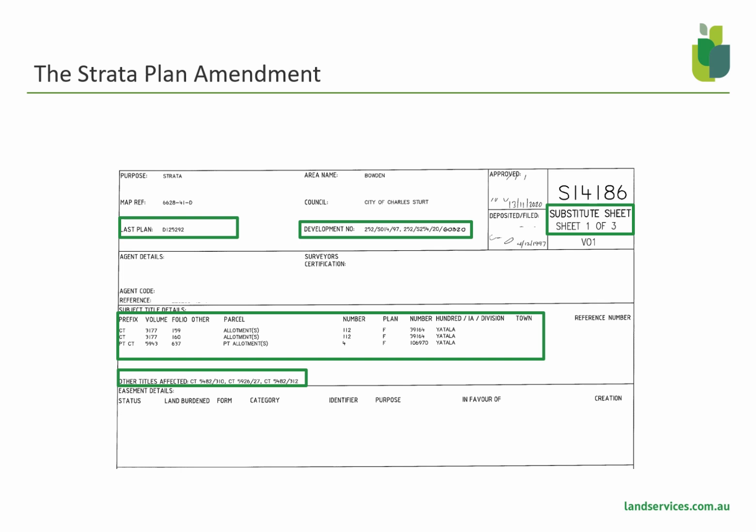The other titles affected shows the CT affected, and as mentioned earlier, if other units are affected because they have had extensions or additions added, like verandas, sheds, etc., the surveyor must now disclose them. So their CT references are added to the other titles affected as well, which was the case here, because Unit 2 had an extension to its building, so the common property CT and Unit 2 CT is also included in the other titles affected.